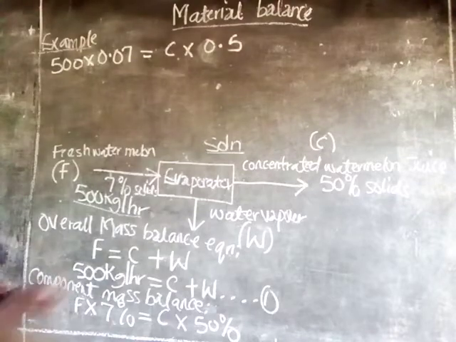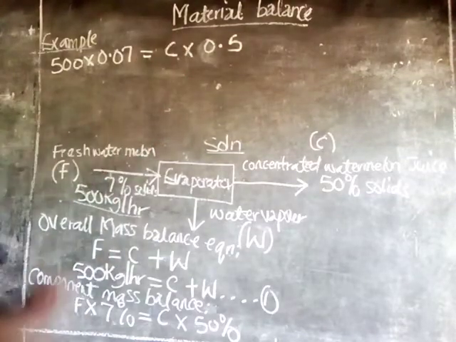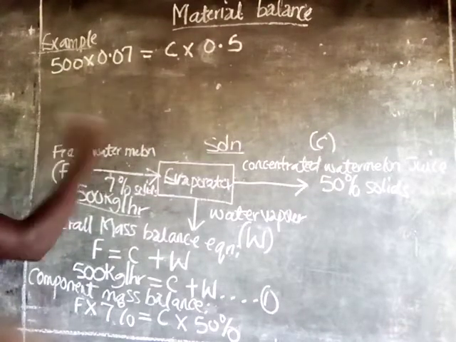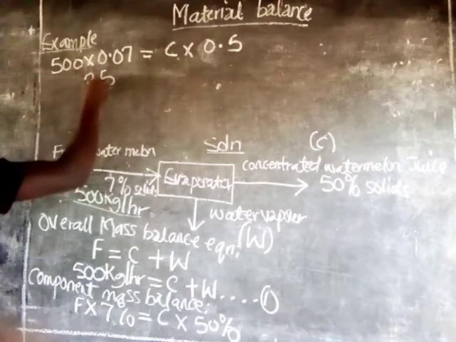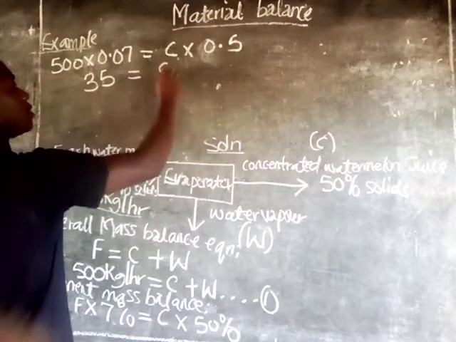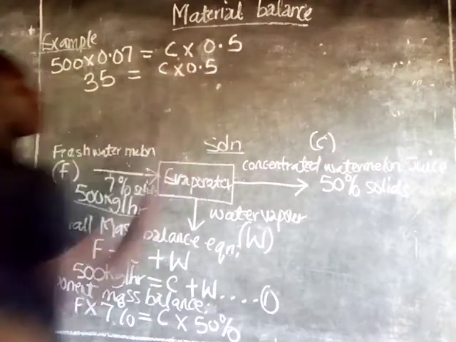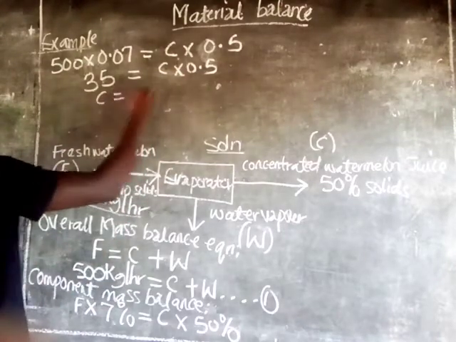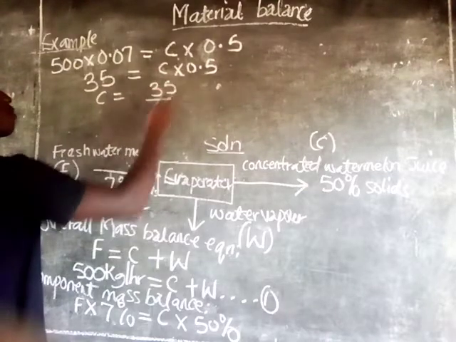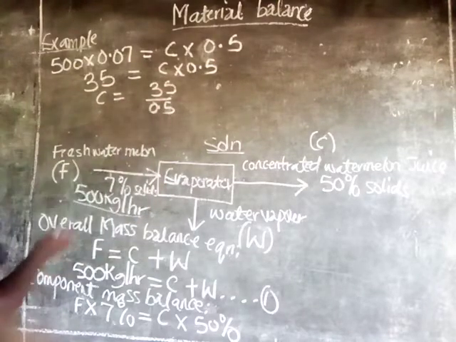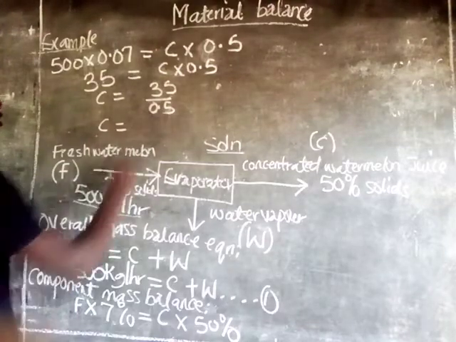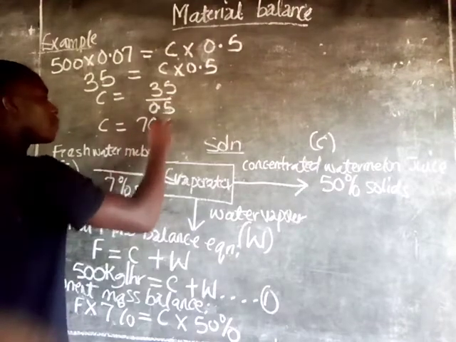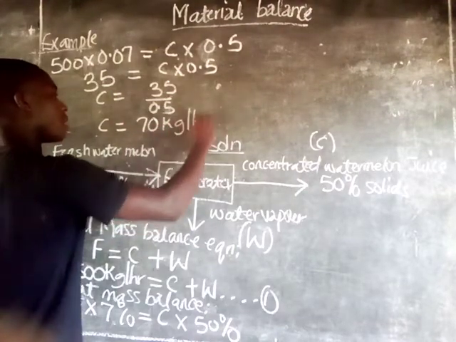And so in this problem, we're going to calculate for C. So 500 times 0.07 is what? 35, which is equal to C times 0.5. And so C is equal to 35 divided by 0.5, that will give us 70 kilogram per hour.